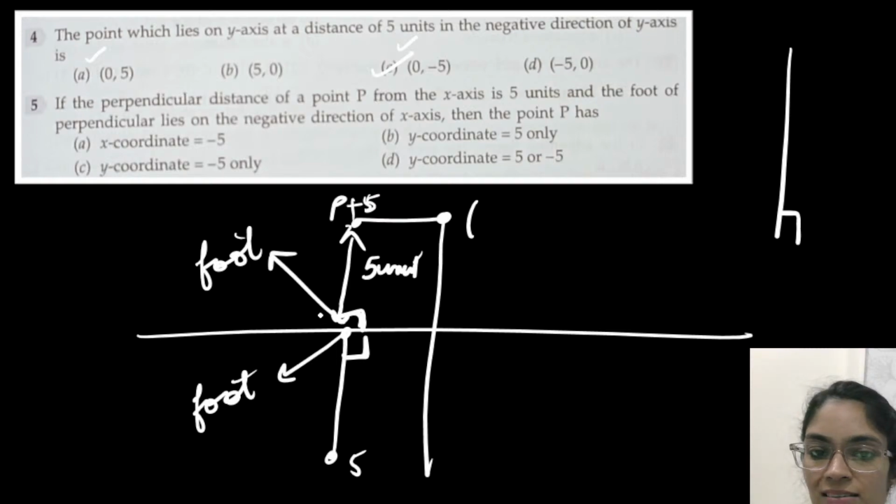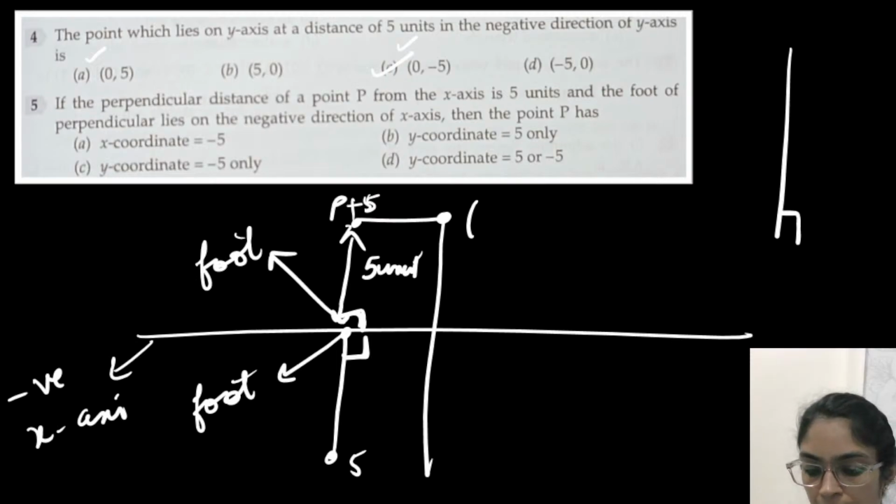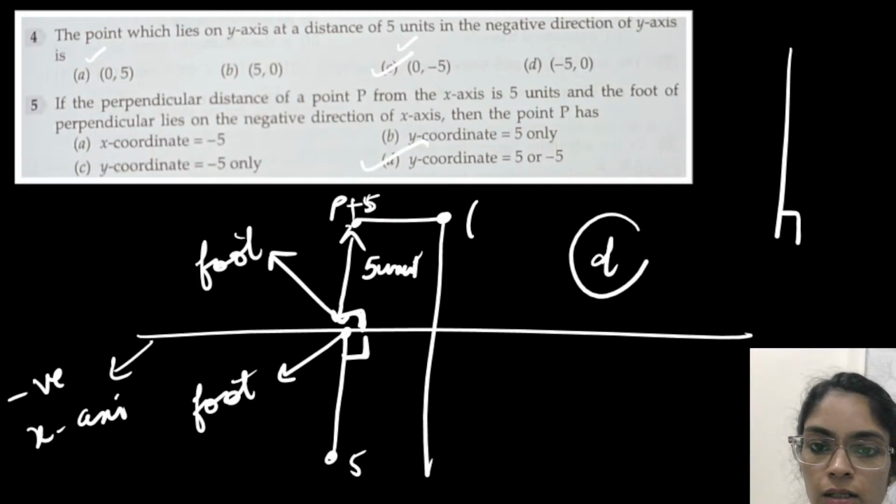See, in both cases, the foot of the perpendicular lies on the negative side of the x-axis. This is the negative x-axis. Then point P has y coordinate 5 or minus 5. Is this thing clear? Okay. Let's do the next question now. So for this question, D option is the correct option.